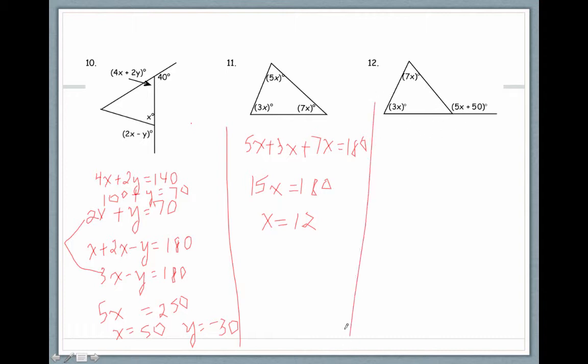Okay, this one, we're using this alternate exterior angle, 5x plus 50 equals 7x plus 3x. So 5x plus 50 equals 10x. So 50 equals 5x. And x is 10.